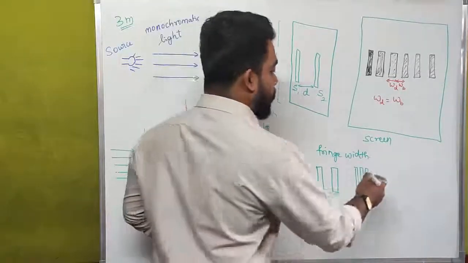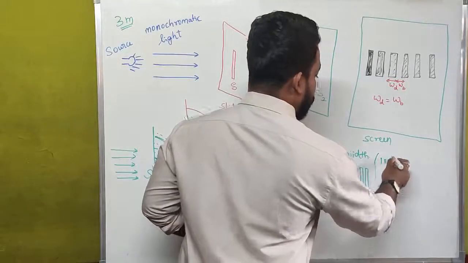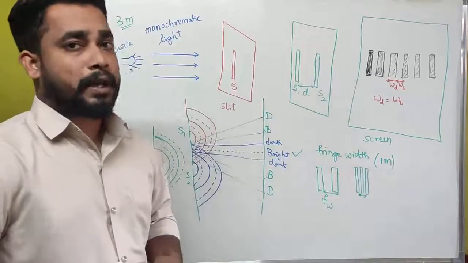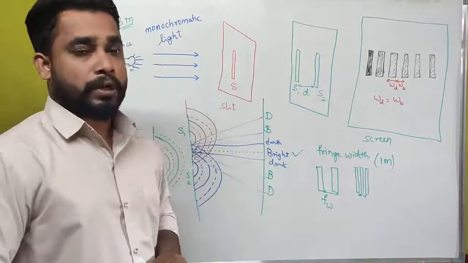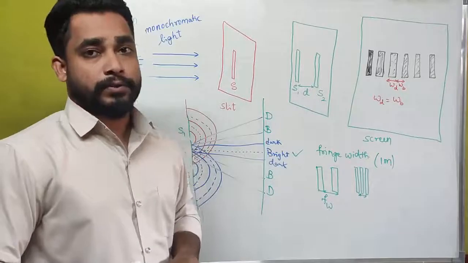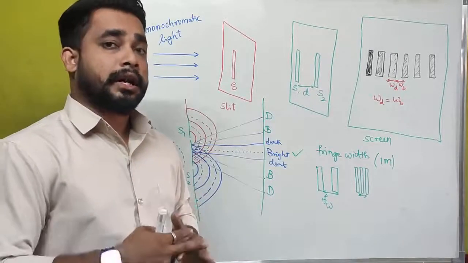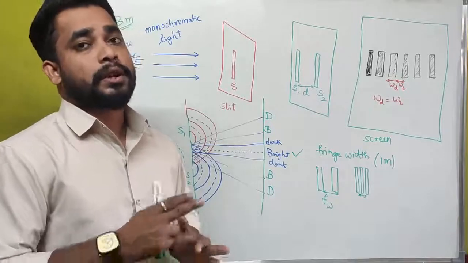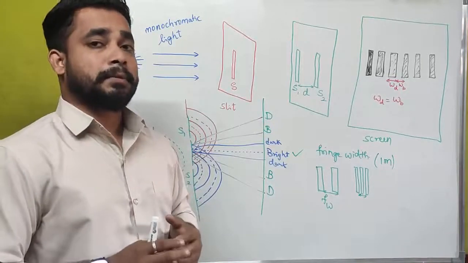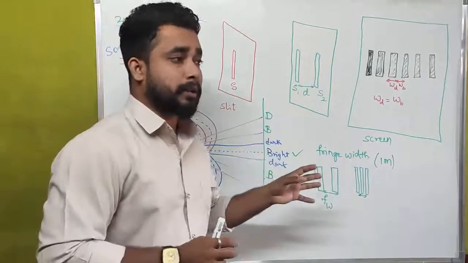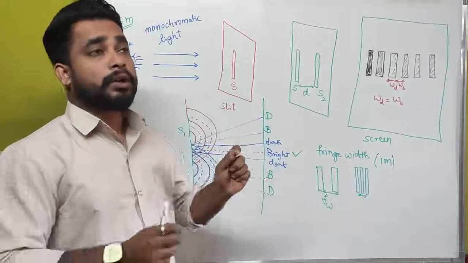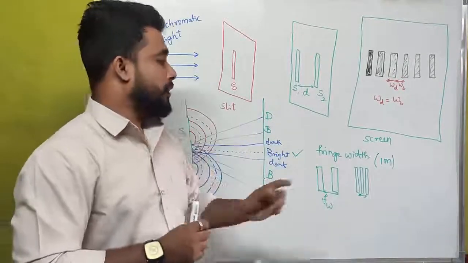This is very important for 1 mark. This may be asked in your examination for 1 mark: what is the meaning of fringe width? It is the distance between two consecutive dark fringes or two consecutive bright fringes. But experimentally, while doing this experiment, it is very hard to locate the bright fringes.